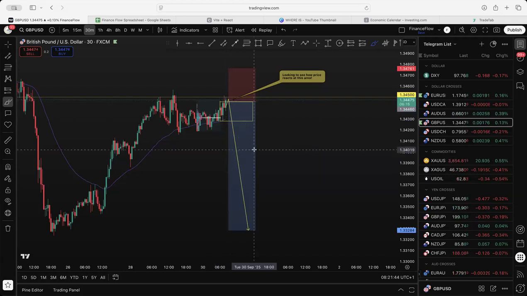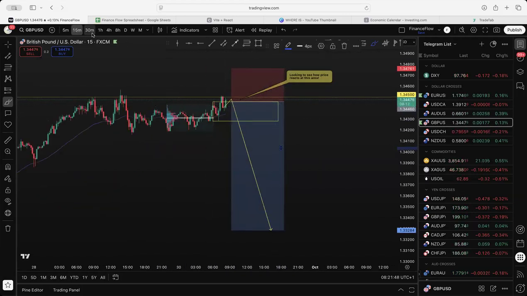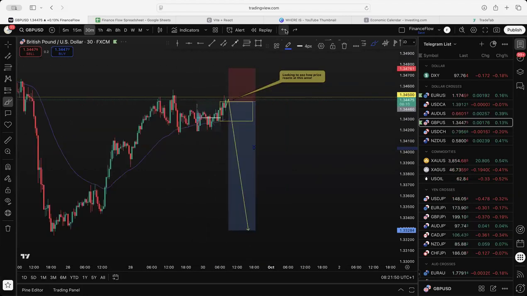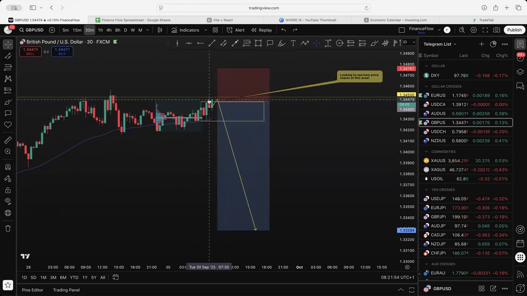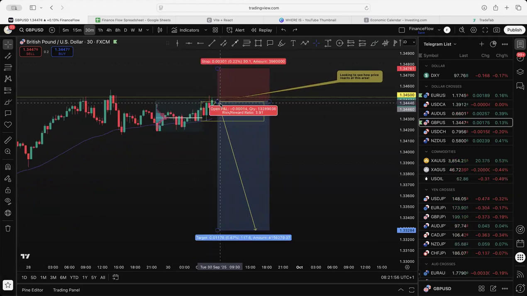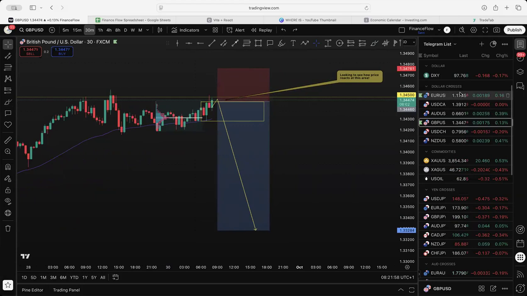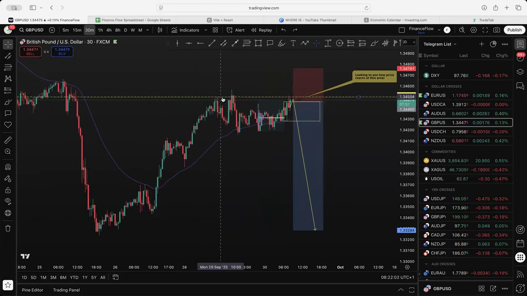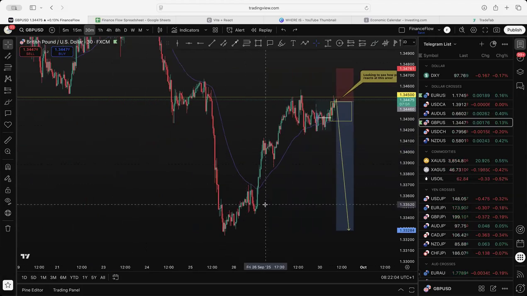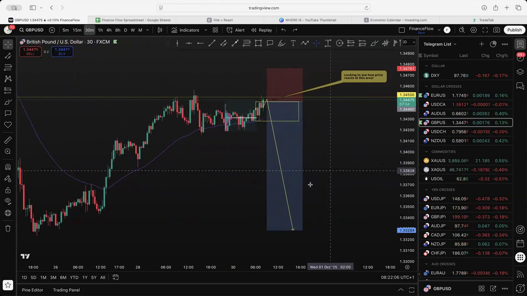I'm looking around these areas. What do we want to see? Going down on the lower time frames, we want to see a nice bit of rejection here, and then we can really capitalize on it. There are more confluences to take this to the downside than to the upside.